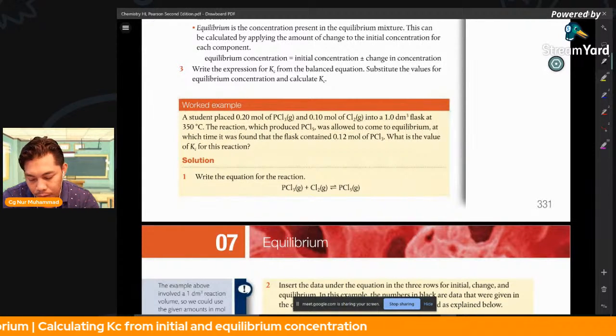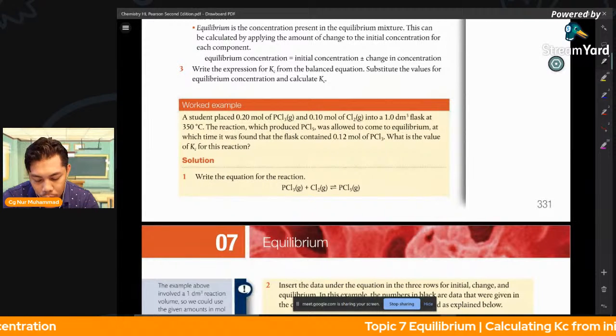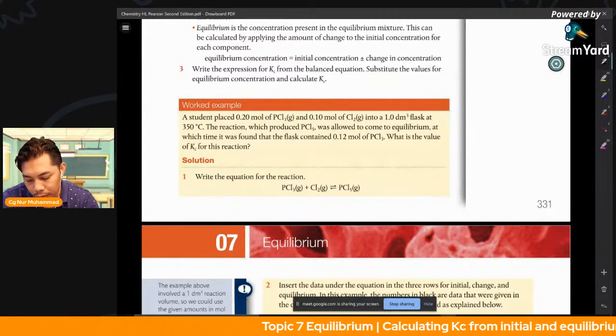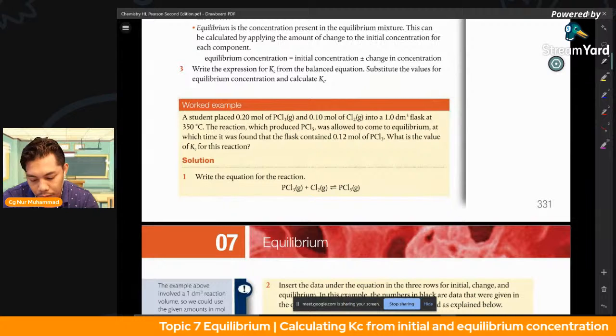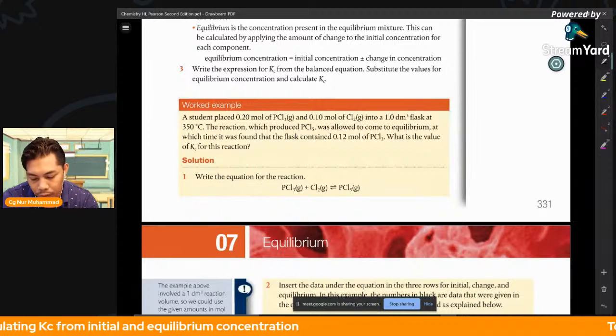The reaction produces PCl5 and is allowed to come to equilibrium, at which time it was found that the flask contains 0.12 mole of PCl3. What is the value of Kc?